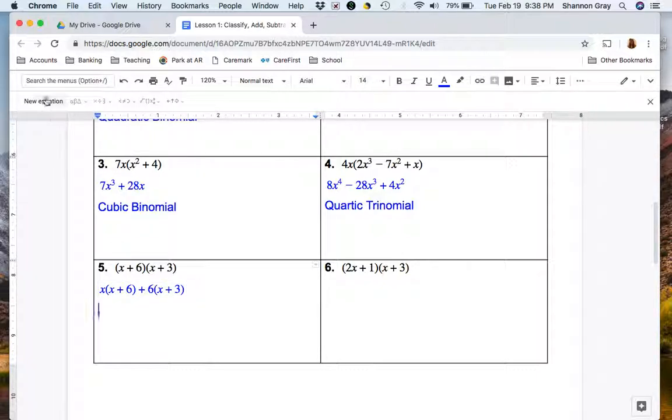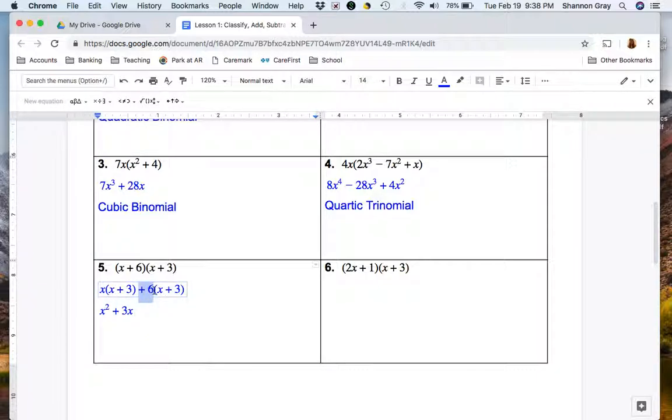And now I have 2 sets of distributing to do. So I know x times x is x squared. And x times 3 is 3x. Sorry guys, I said x times 6 earlier, but that should have been a 3, my bad, which makes that 3x. So let me go through that one more time because that was probably confusing.